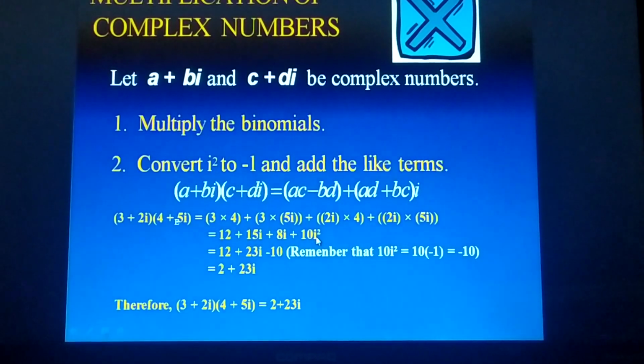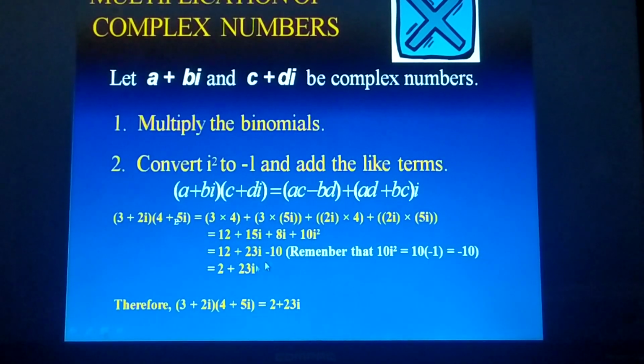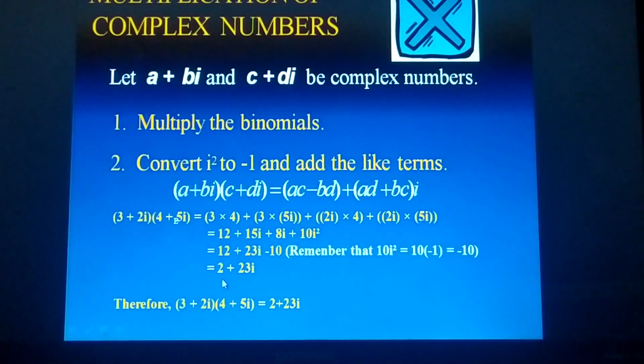Here we have i², and we know that i² is −1, so 10 into i² is 10 into −1, which is −10. Now add the real numbers, 12 − 10 is 2, so it is 2 + 23i.